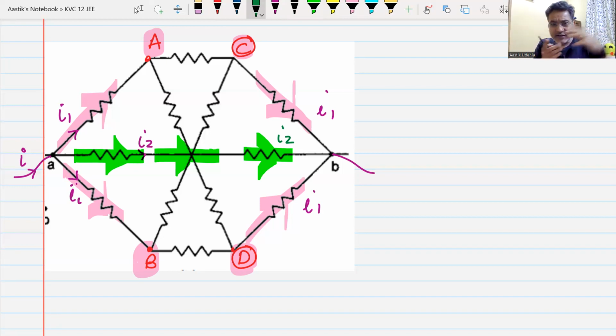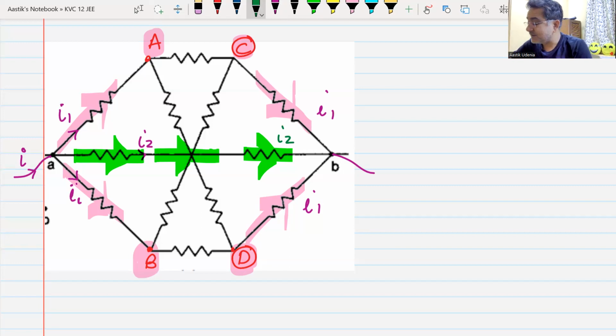That means these currents are not meeting at all anywhere. Do we understand this? Sir, why won't the current flow from A to D? It will not flow because of symmetry. That is what I'm trying to make you understand: I1 goes in the upper branch, I1 goes in the lower branch, I1 comes back from the upper branch, I1 comes back from the lower branch, and therefore this green current just goes through.